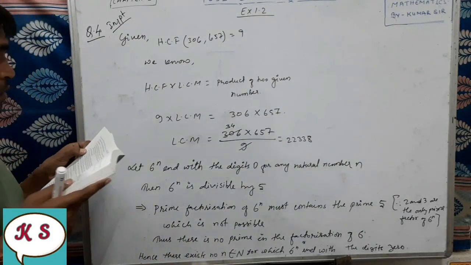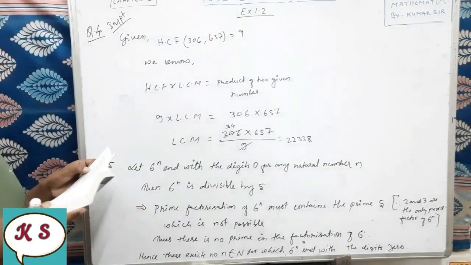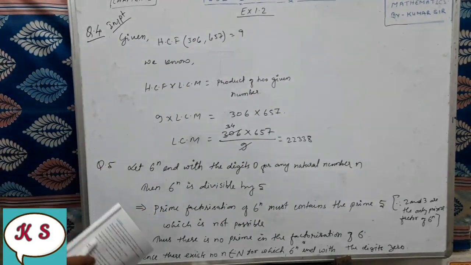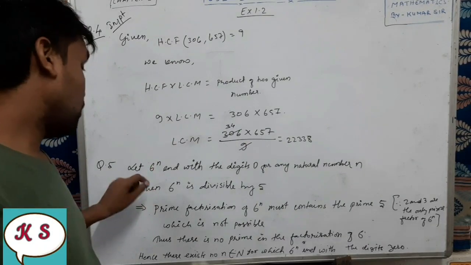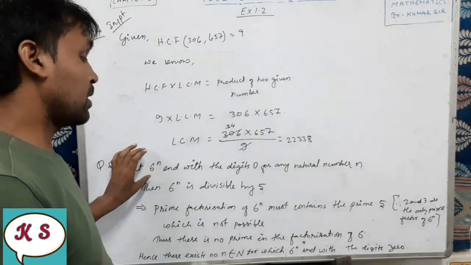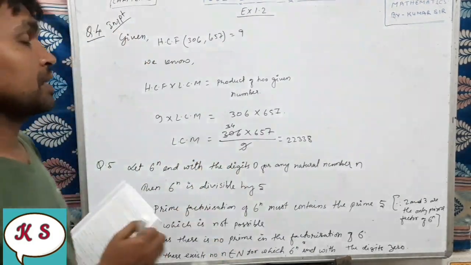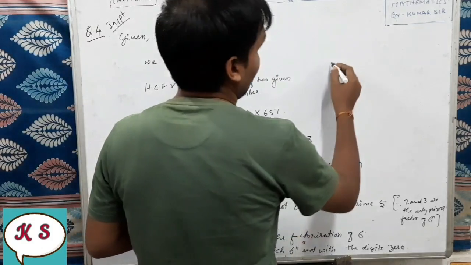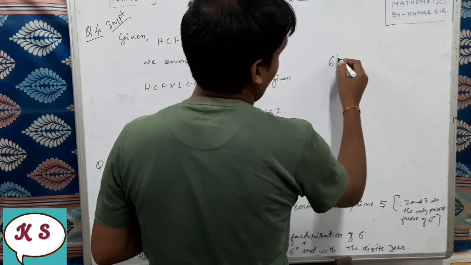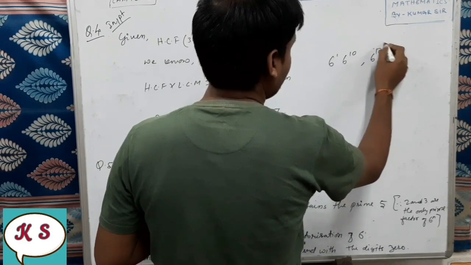Okay, so question number 5: check whether 6^n can end with the digit 0 for any natural number n. We have to check whether 6 to the power n can end with the digit 0, when we put 6 to the power of any natural number: 6 to the power 1, 6 to the power 10, 6 to the power 100, anything.